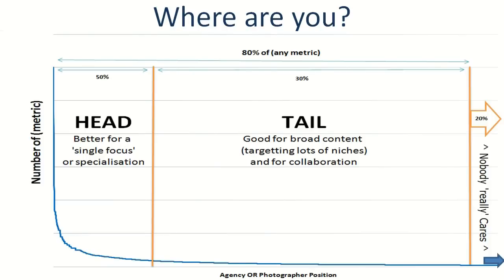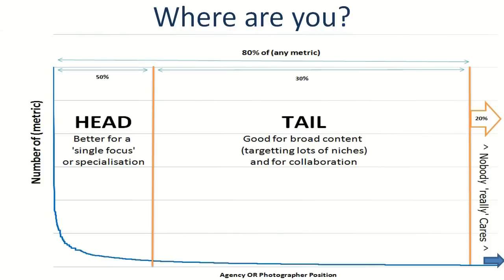So, if you know where you are, you can understand how important as a photographer you are to the agencies, and as an agency, how important you are to photographers, and how likely they are to leave, for example, if you change your terms and conditions.